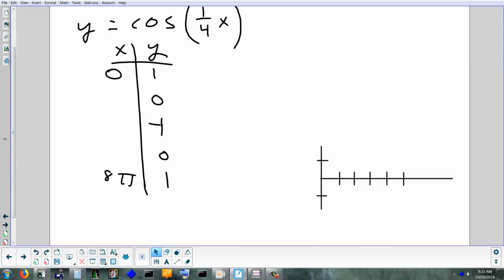So now the averaging here is actually going to be the fastest way to do it. What's halfway between 0 and 8 pi? 4 pi. Halfway between 0 and 4 pi? Halfway between 4 pi and 8 pi? 6 pi. So the averaging can work out faster if the numbers are nice.